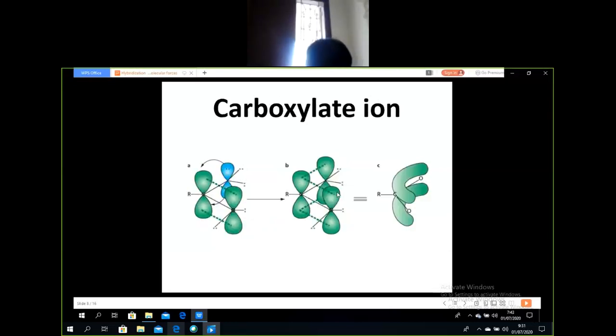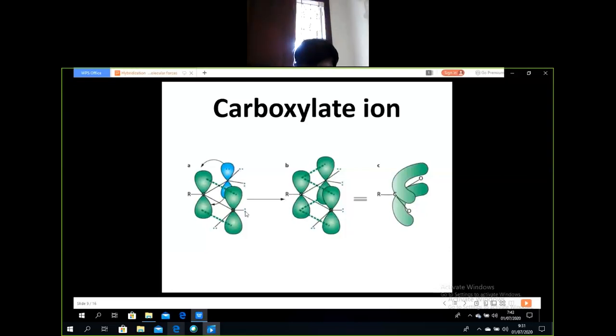Now the carboxylate ion is similar to benzene in having a ring structure. In this carboxylate, we know that it contains C double bond O and then C and then O. And this O, because oxygen is an electronegative element, we know this from the presence of the lone pairs here.